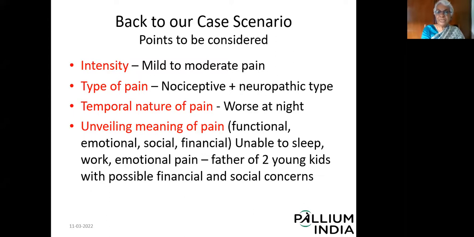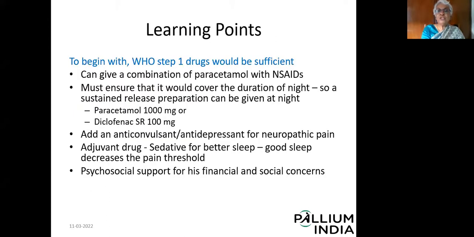Yes, he was unable to sleep. He was unable to work. He had emotional pain because he was a father of 2 young kids, with possible financial, social, and psychological concerns as well. So to begin with, we can start with step 1 drugs, but if it is not resolving, we may go up to step 2 drugs also.